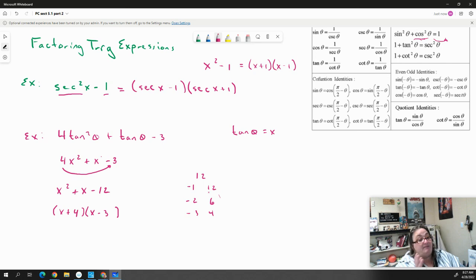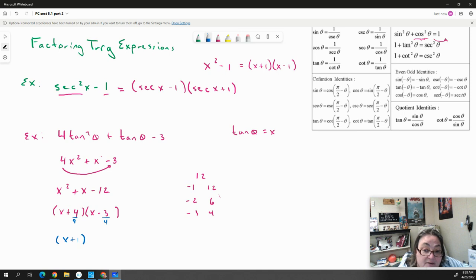And I can't leave it like this because I did multiply that 4 in the beginning, which means I have to divide it out in the end. So I'm going to divide by 4 here and divide by 4 here. If it divides evenly, which it does here, 4 divided by 4 is 1. So this becomes x plus 1.